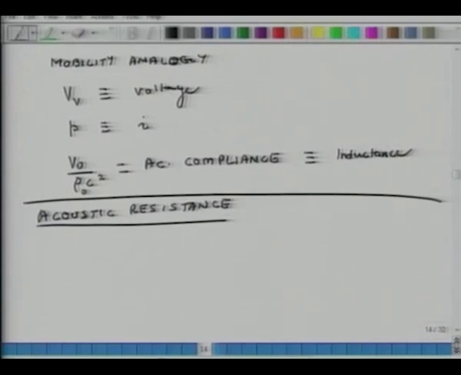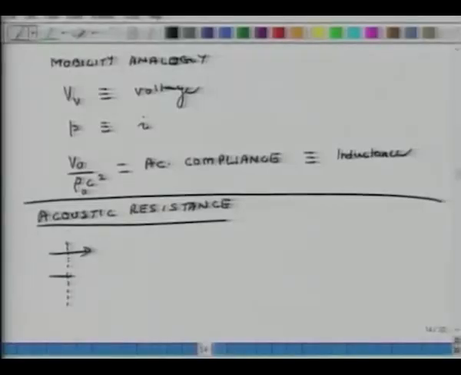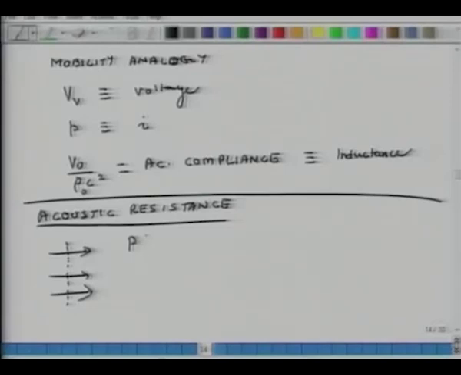So, you can have a screen, a fine mesh. The screen could be a piece of cloth, or it could be crisscross of wires, and as air flows through it, because of viscosity, it dissipates energy. So, in that case, P, which is a function of x and omega, over u of x and omega, is called Ra.